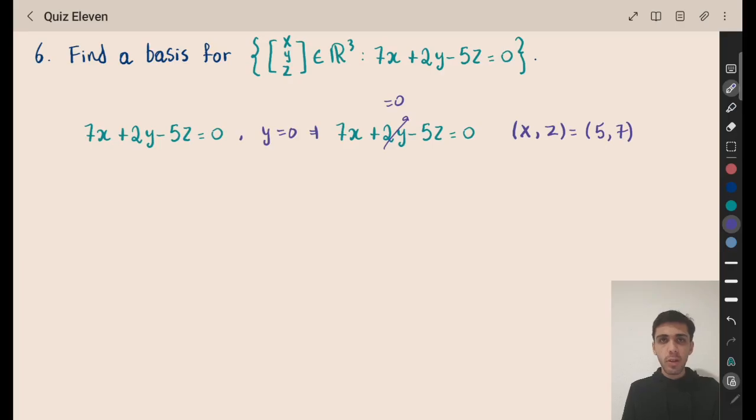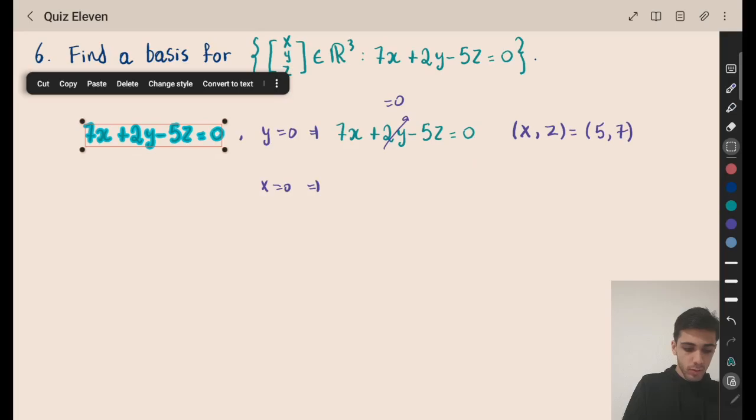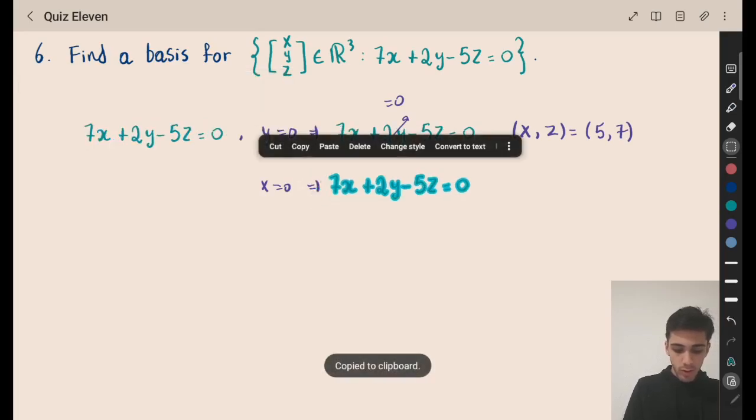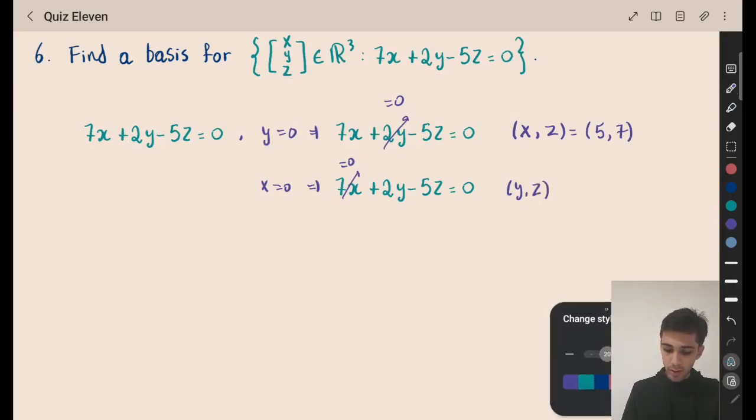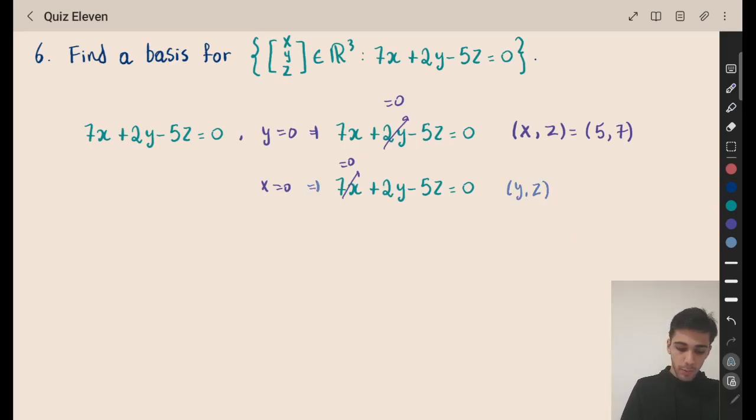And I play the same game. So let's say I make x equal to 0. Same equation. Then what should my y and z be in this specific case? So these are two different cases. We need to, of course, distinguish that.